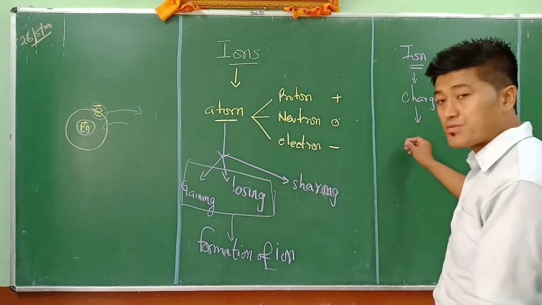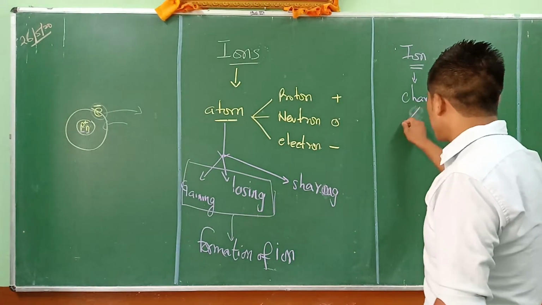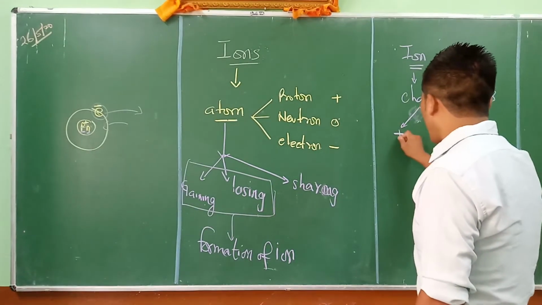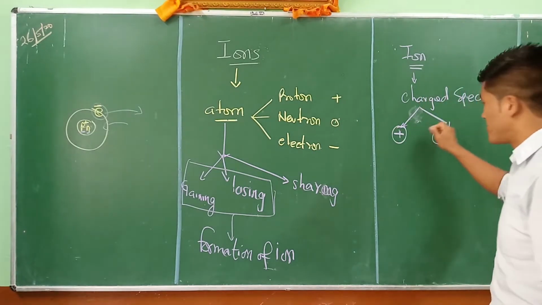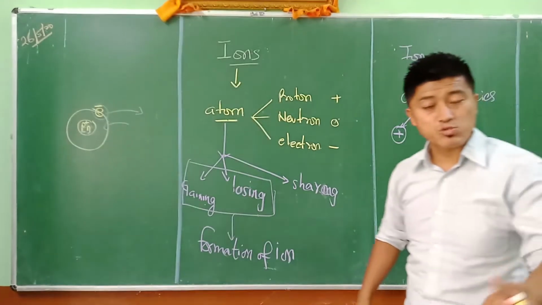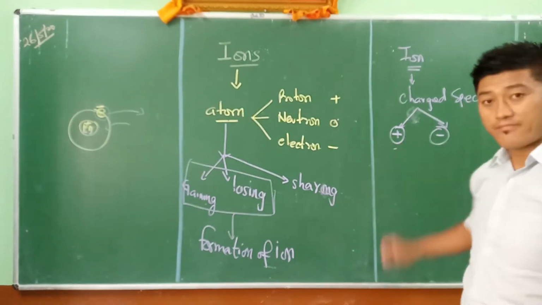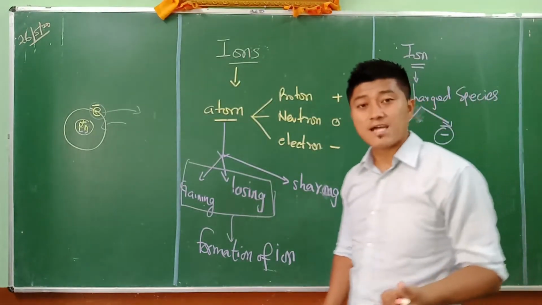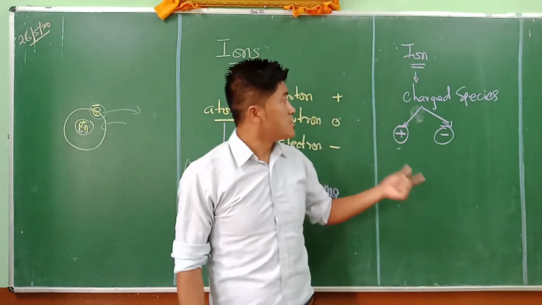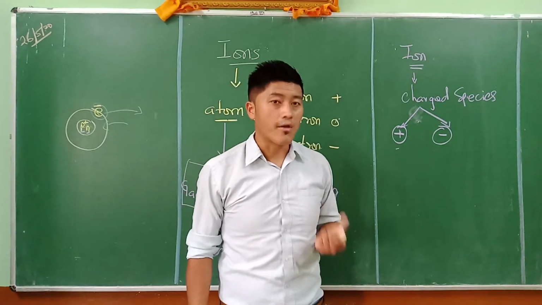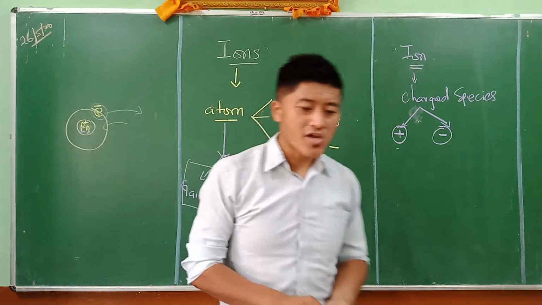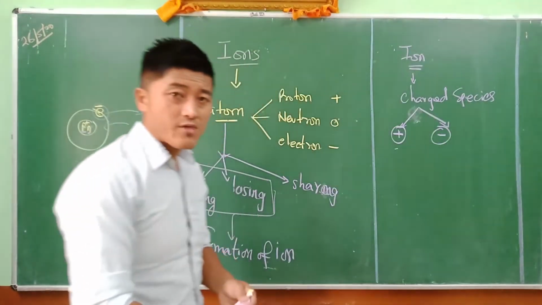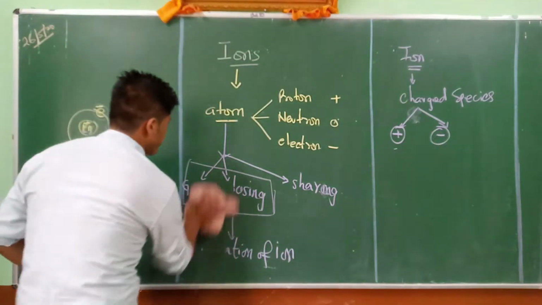Normally we know that there are two kinds of charge: either positive or negative. So there are some atoms which come with a positive charge, and some atoms which come with a negative charge also. And these kinds of charged atoms are what we refer to as ions. Understand? So we will try to study one example of ions here.